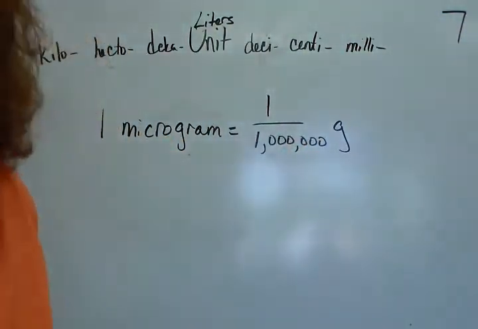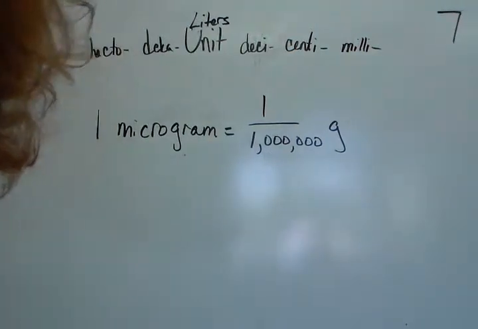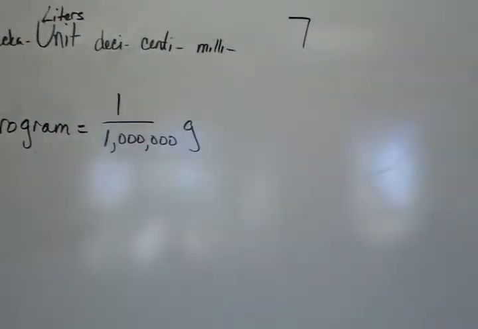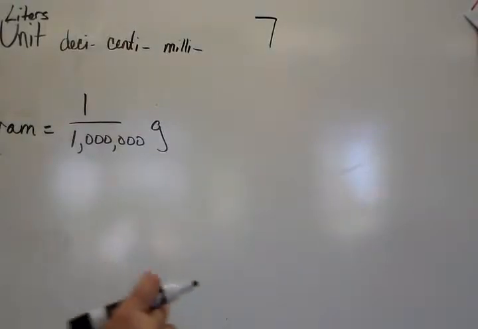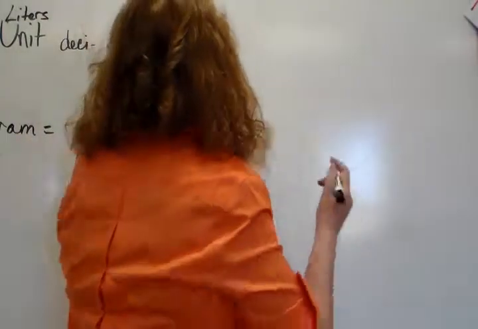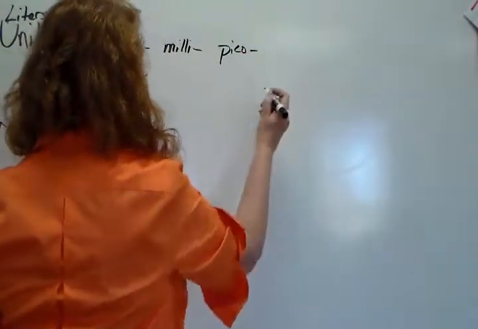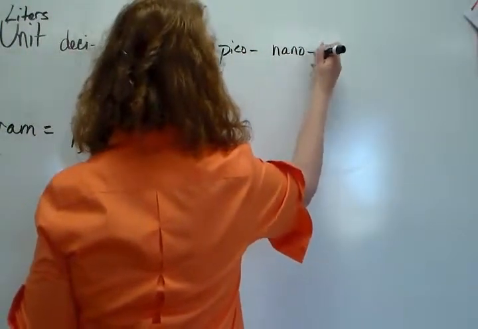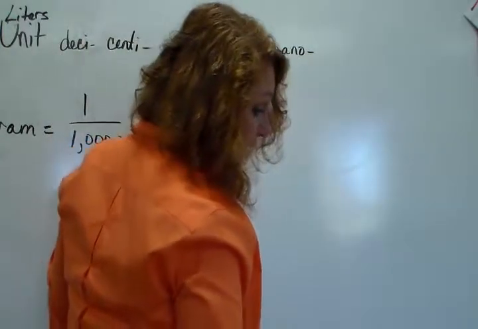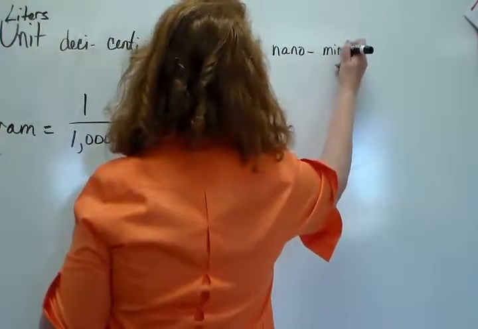So I'm going to move this because I have a giant whiteboard. And we're going to extend. So after milli comes pico, and after pico comes nano, and then after nano comes micro.